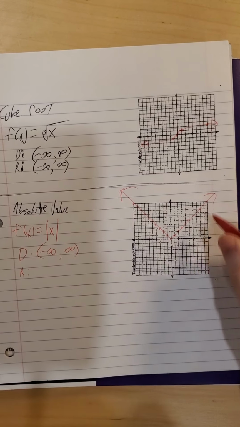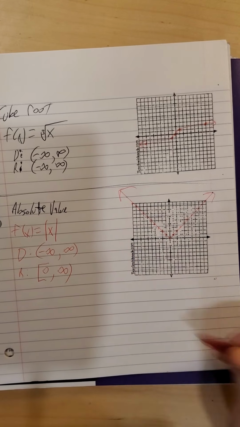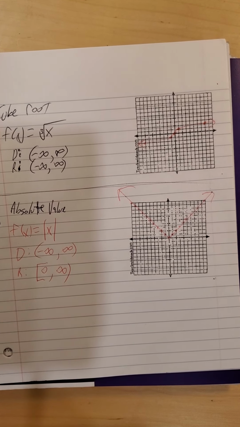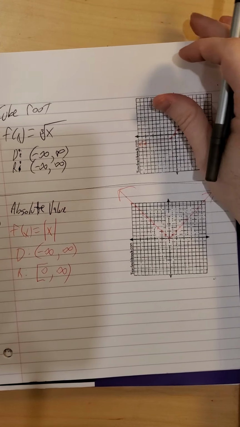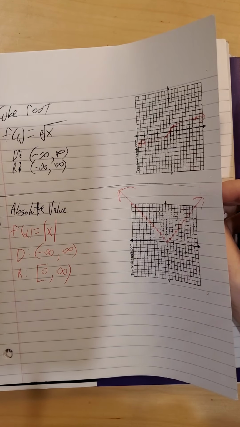Our range, though, lowest value we can get is a 0. We do reach the 0, and we can increase forever. We can approach infinity. So hopefully those are some basic review ones, but it's important that you know all those properties going in.